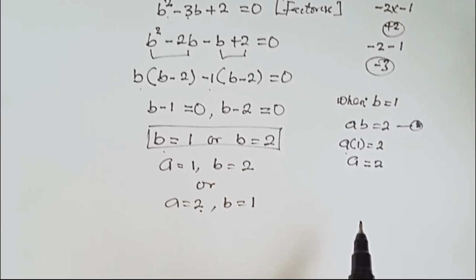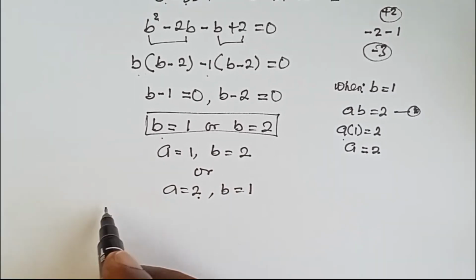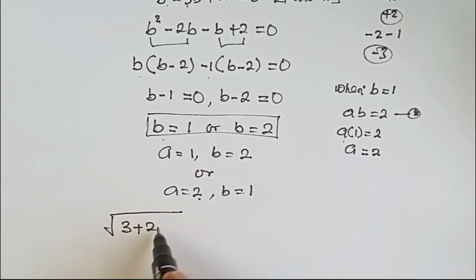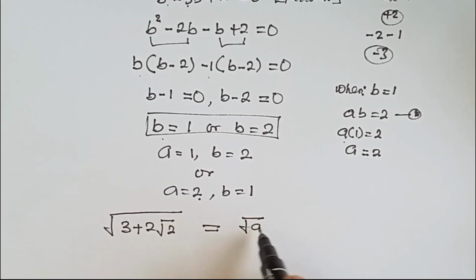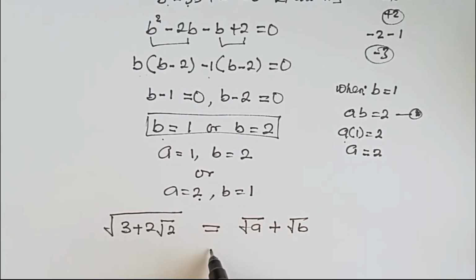Finally, we can now recall. The square root of 3 plus 2 root 2 will come in this form, root a plus root b, and we know what our a is.